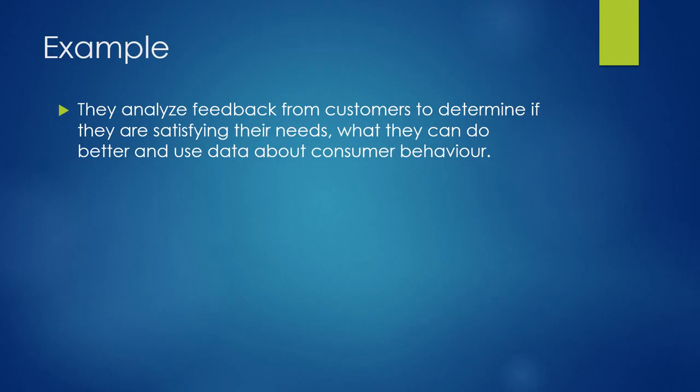For example, if we have feedback from the customers about whether the company is responding to their needs and fulfilling them, we can also use data about consumer trends, and we can combine these data to decide on product improvement, distribution channel development, price decrease, or price policy changes.